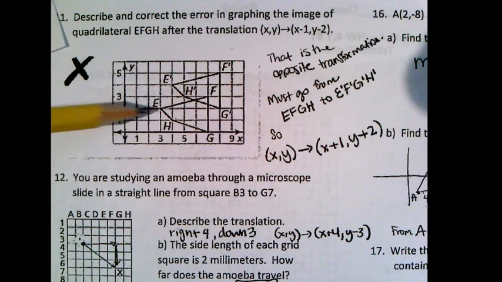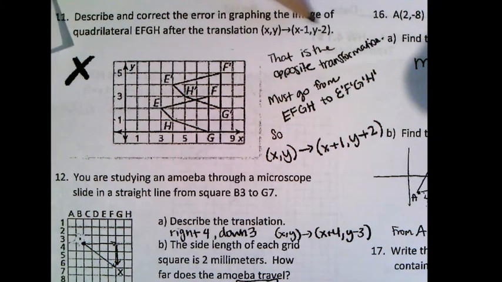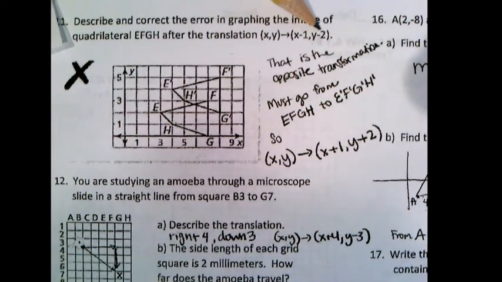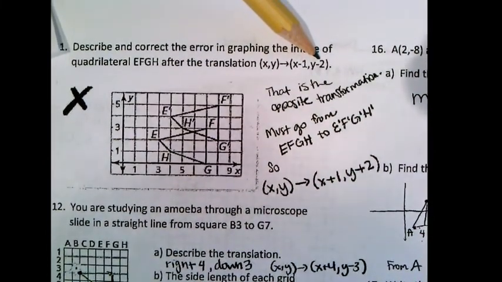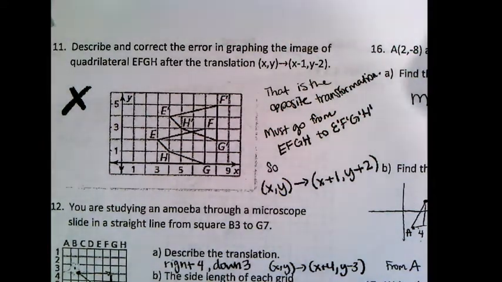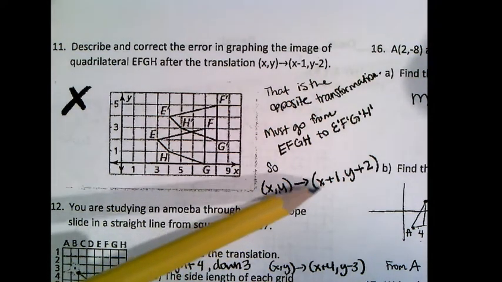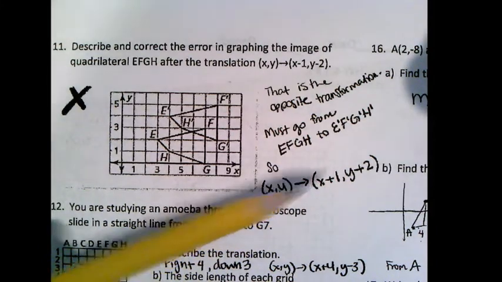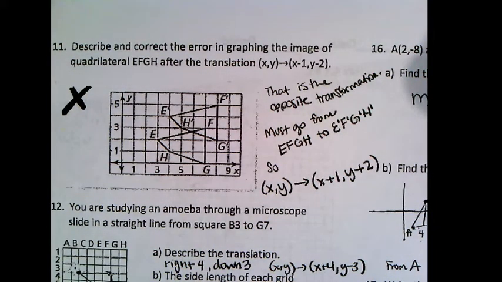But they said go left 1, down 2. Whoops. Kind of ran off the camera there. So they did the opposite transformation. And this is what they did. Or this is what the answer should be. Okay.